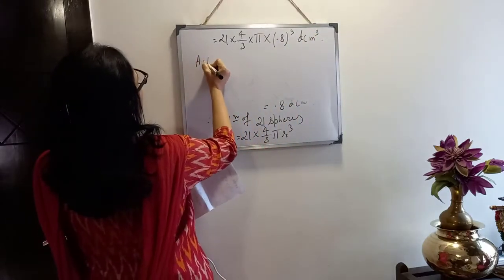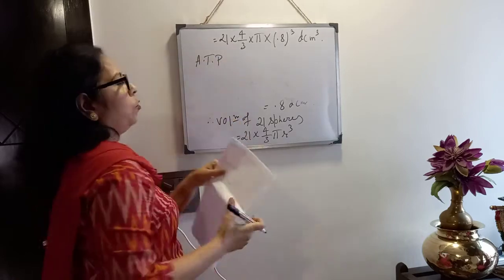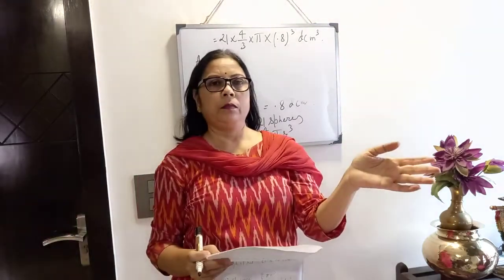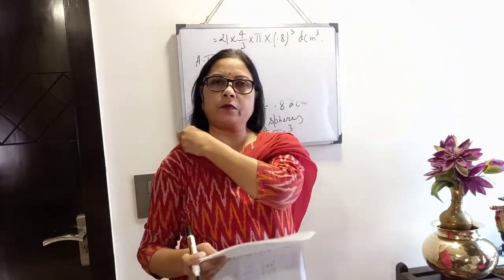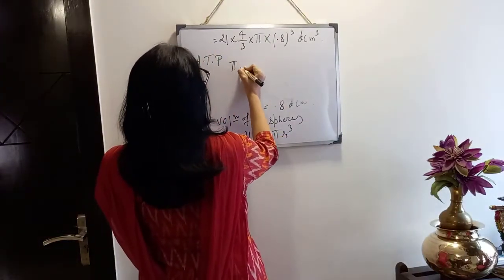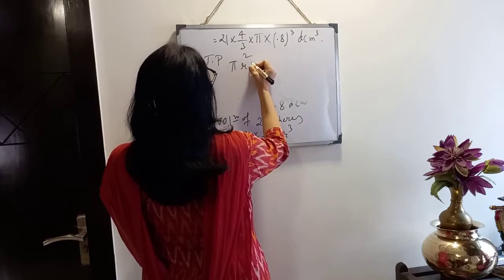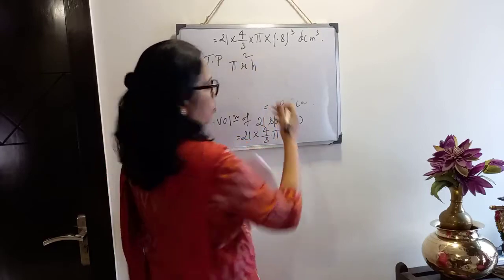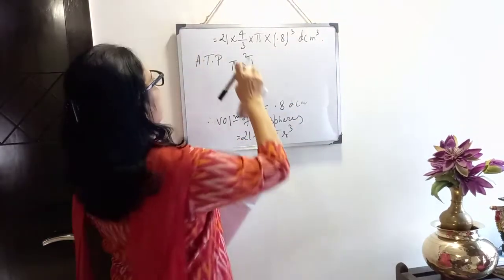According to the problem, by melting the rod, again 21 spheres are made, so their volumes are equal. So according to the problem, pi r square h, or I am writing the values.